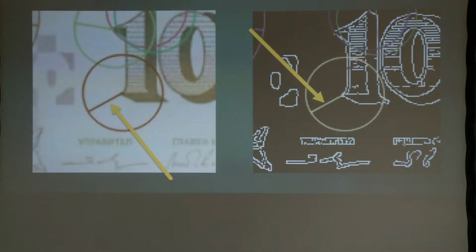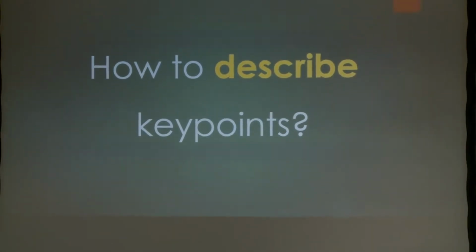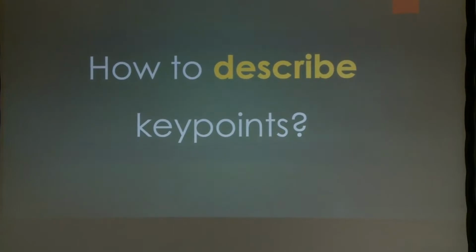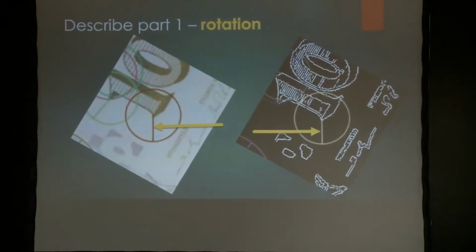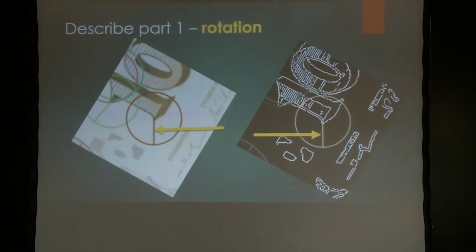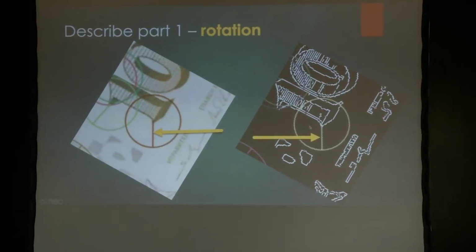Well, that's the first thing that we're going to use in the next part, which is how do we describe key points. Now that we have 500 points, we know their size and their orientation, how can we describe them into bits, into something useful for a computer? First, we rotate them. That's why we need the orientation. We would rotate them so that the orientation is perpendicular to the axis. We're going to do that for every key point, whenever we extract a key point.